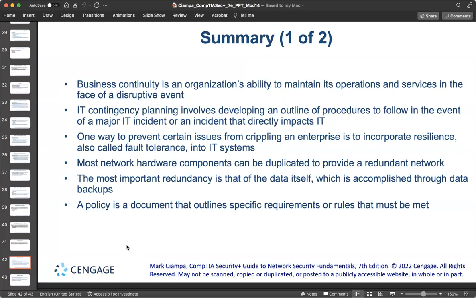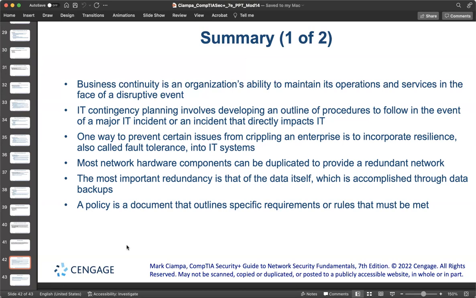One way to prevent certain issues from crippling an enterprise is to incorporate resilience, also called fault tolerance, into IT systems. Most network hardware components can be duplicated to provide a redundant network. The most important redundancy is that of data itself, which is accomplished through data backups.